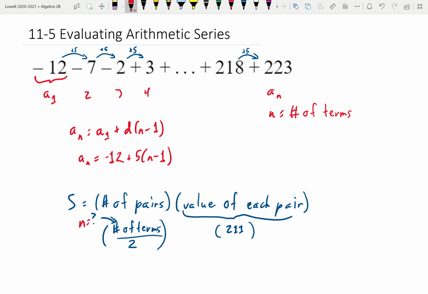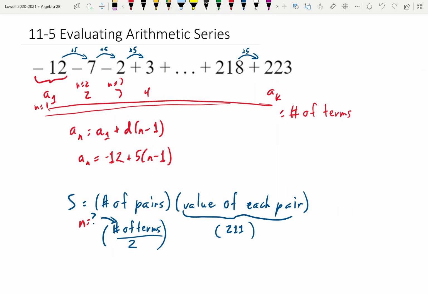To figure out what n is, we just need to plug in 223. Sorry, a little clarification. This is for n being any general term here. In this case, this is n equals 1, n equals 2, n equals 3. So maybe I should have called this something else. Maybe I should have called this k. Oops, sorry. And therefore, we're looking for k. It doesn't really matter as long as we're careful.